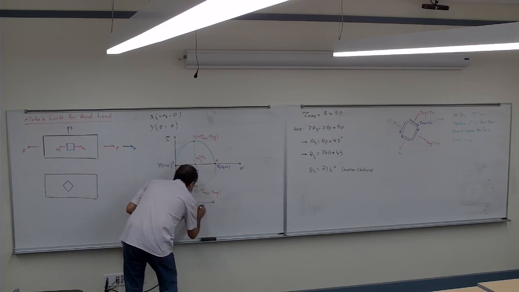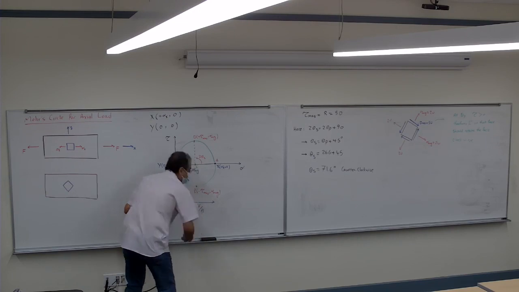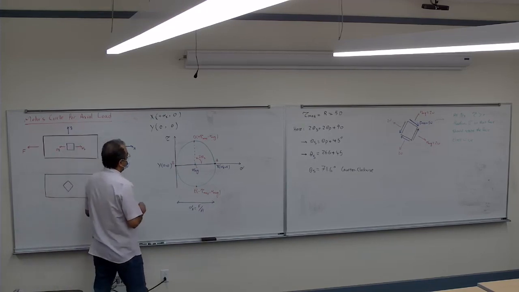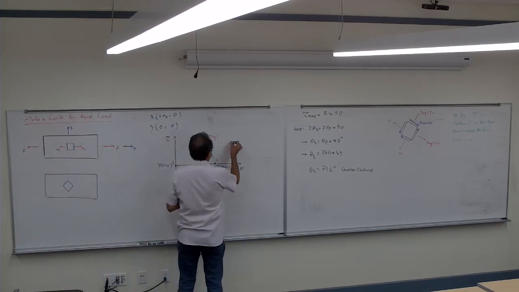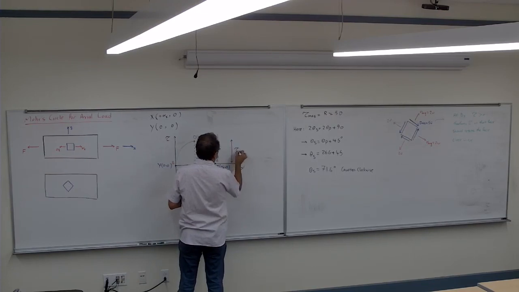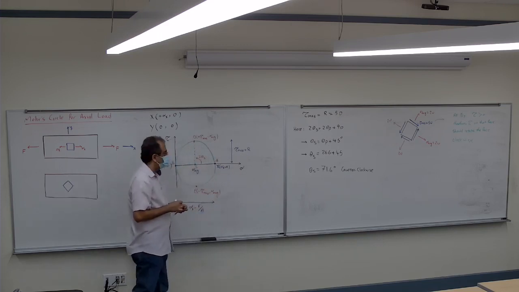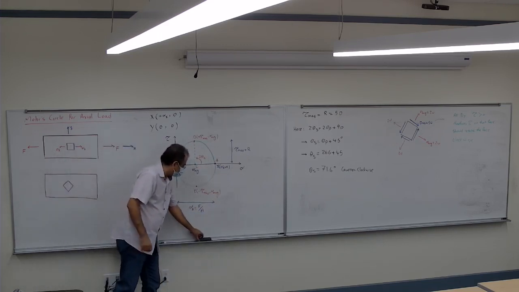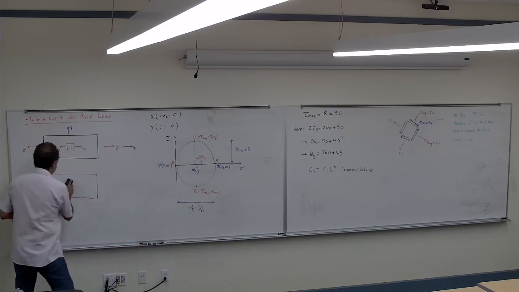Sigma x is F divided by area, there we go. How much is this distance? Tau max is equal to R. Now come back here.